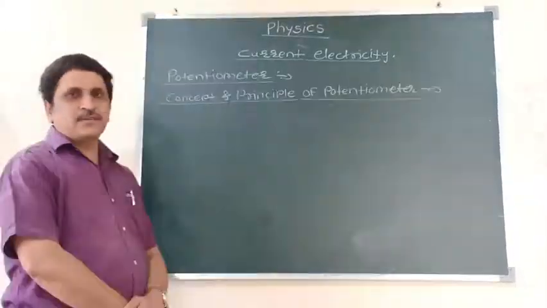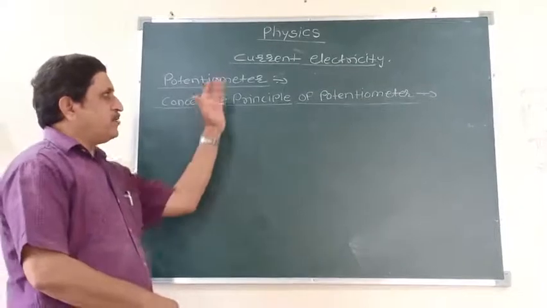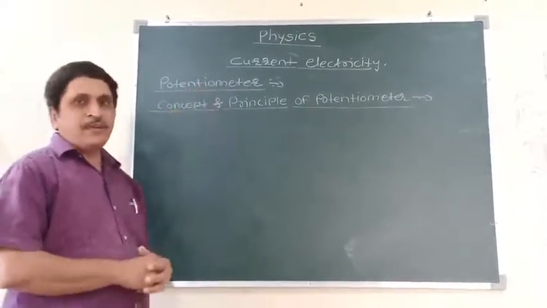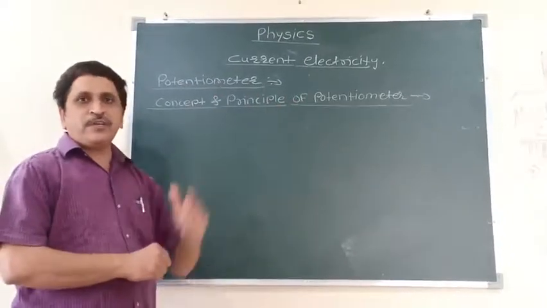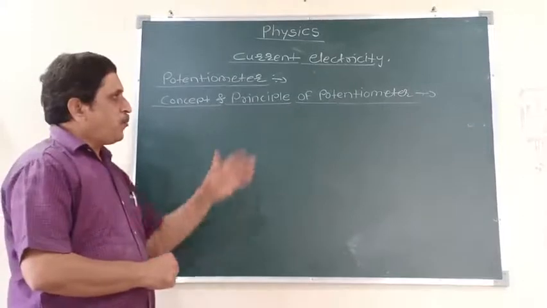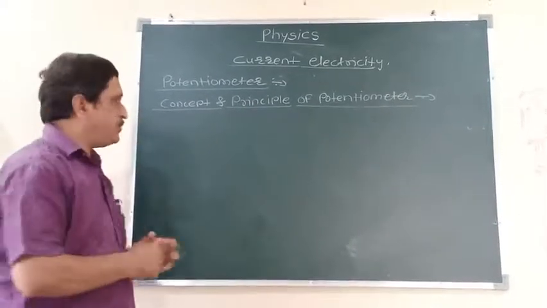So, now we are going to see what is the concept and what is the principle of the potentiometer. Like the meter gauge, the potentiometer is also one type of device which we always use in the physics lab. Now the potentiometer consists of one rectangular wooden frame.